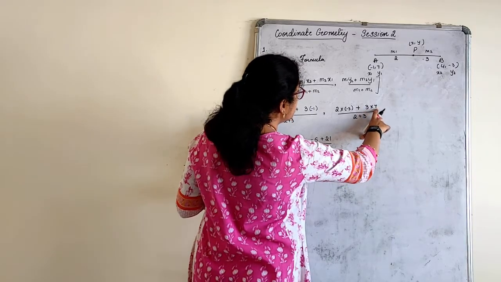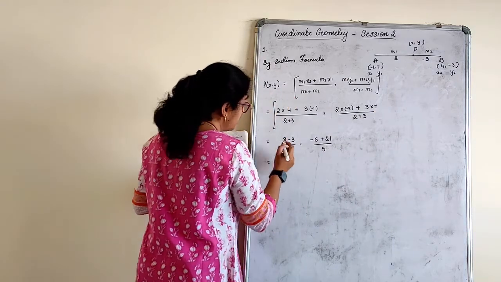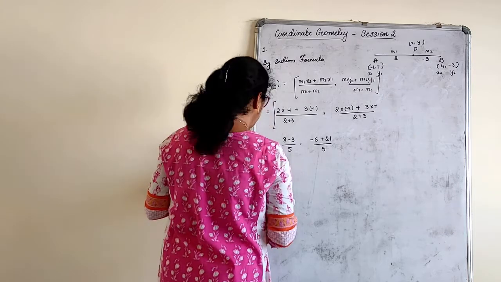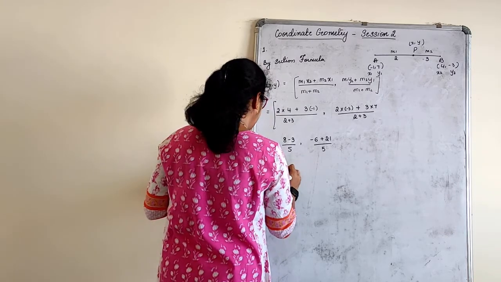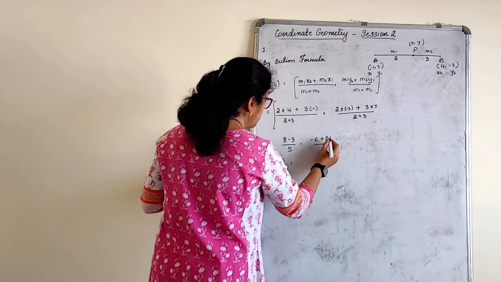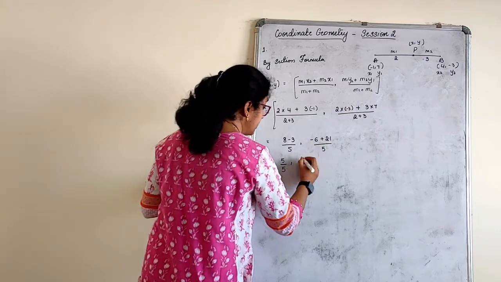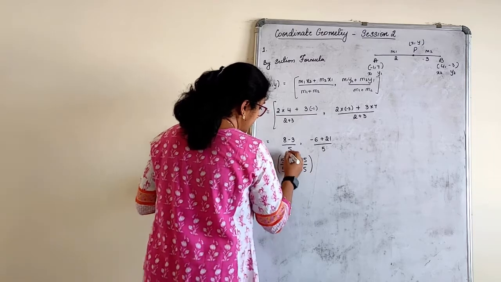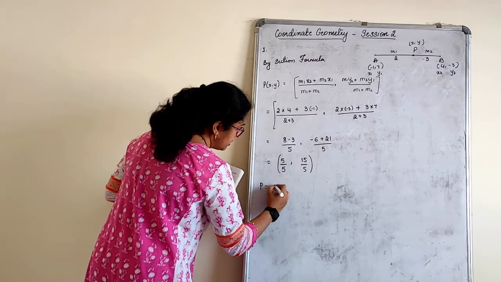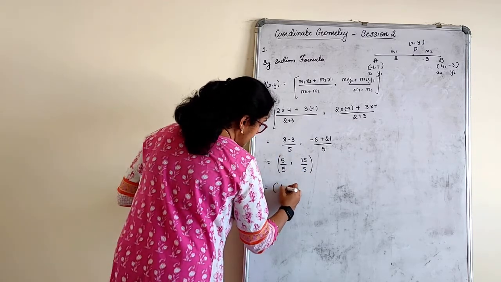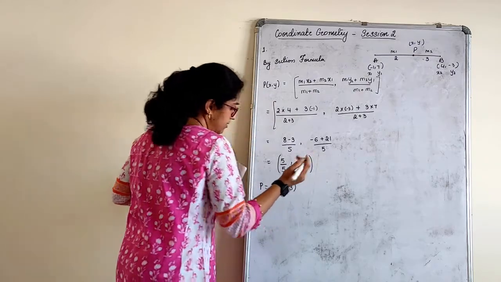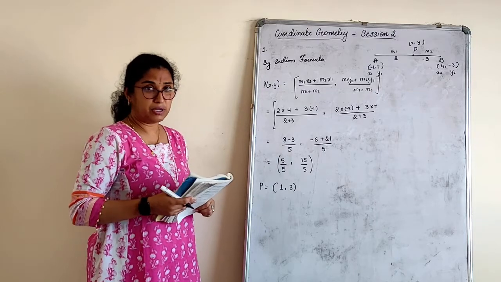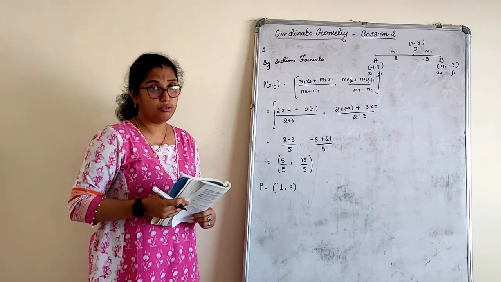So 8 minus 3 is 5 divided by 5. -6 plus 21 is 15 divided by 5. I can cancel this. So P is equal to 5 ones are 5, 5 threes are 15. Coordinates of P are 1 and 3. Very simple to understand. This is how you do the sum.